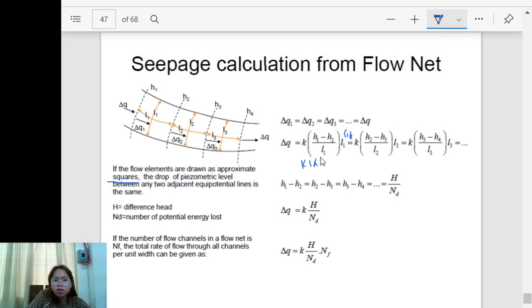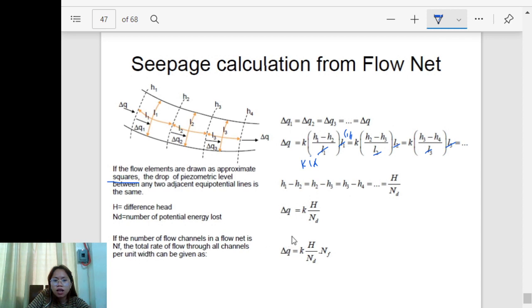It cancels out anyway, no? That is why the total number of potential head loss.